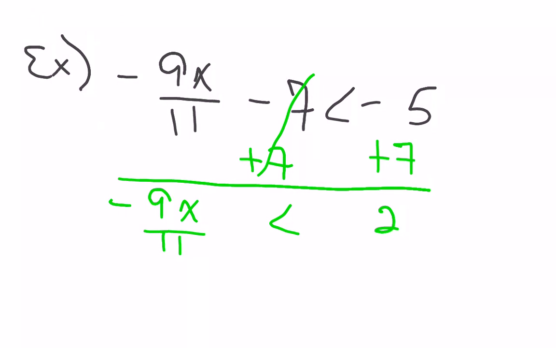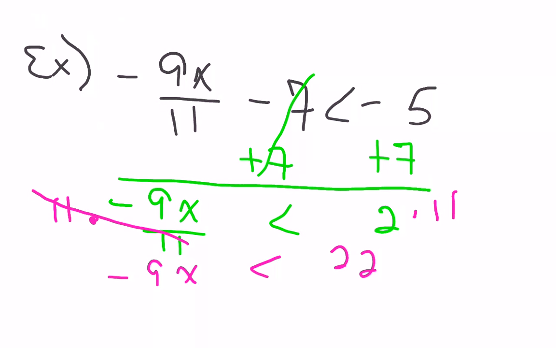Now on this one, we can work this a couple ways. Notice it's divided by 11, so we can multiply both sides by 11 so that those cancel. We have a negative 9x left over, and then 2 times 11 is 22. That got rid of the fraction, so now we need to get rid of the negative 9. It's multiplied, so we're going to divide by a negative 9. And we get x over here, and we can leave this as negative 22 ninths.